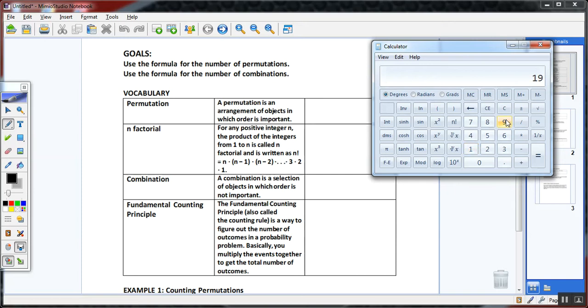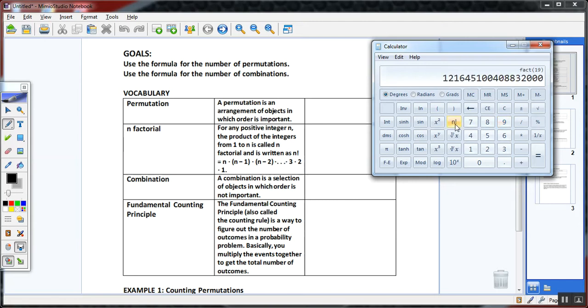It's called a factorial button. In your calculators, if you hit 19 and then your probability button, do you have an exclamation point as an option there? Hit that. 19 and then exclamation point.